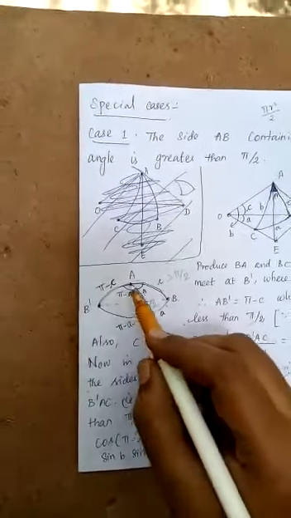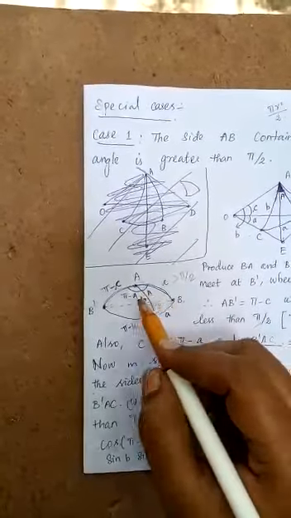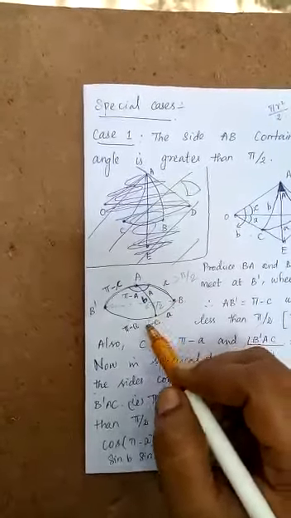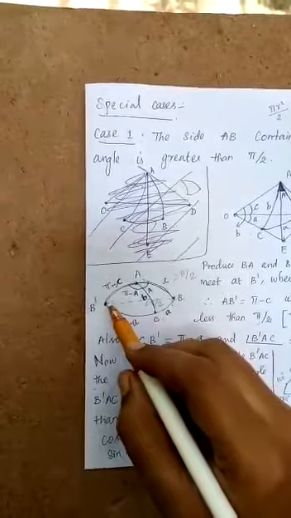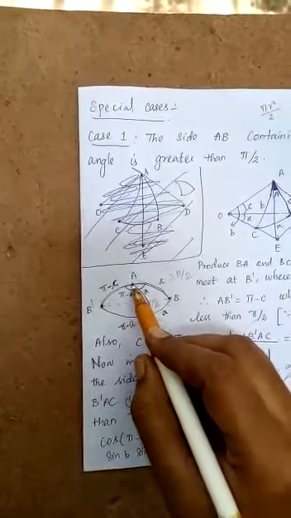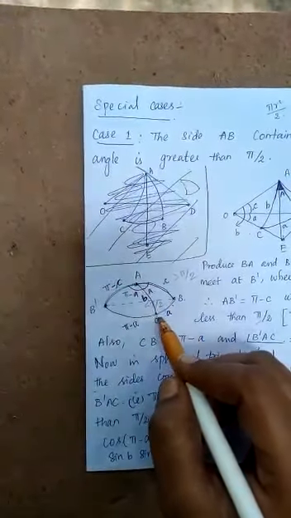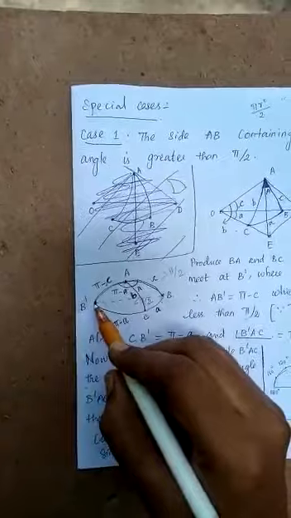How will we apply the cosine formula in this case? We produce the arcs AB and CB to meet at B dash, where the angle at B dash is equal to 180 degrees, that is pi.